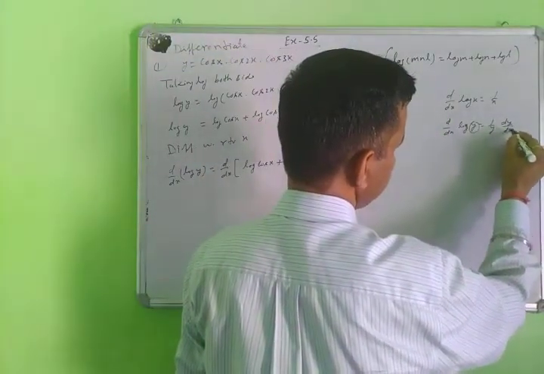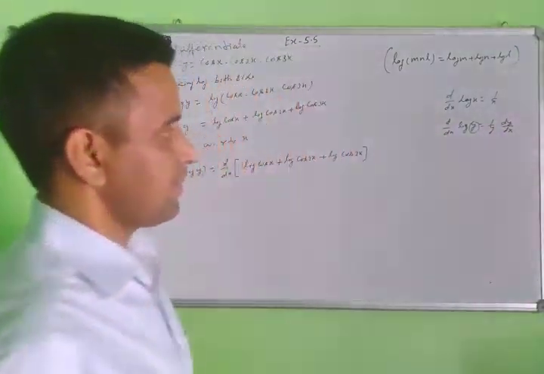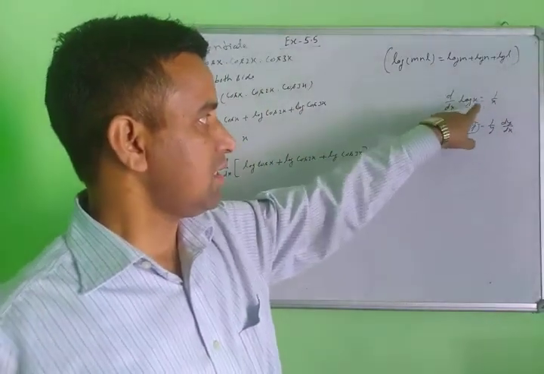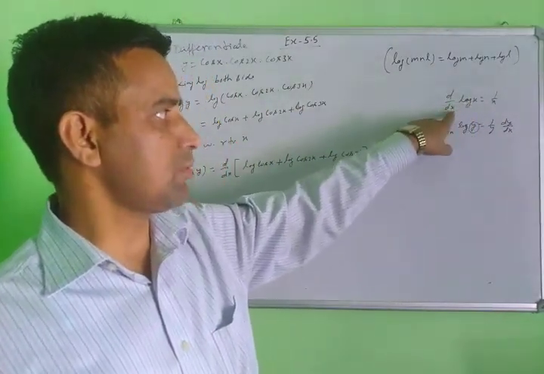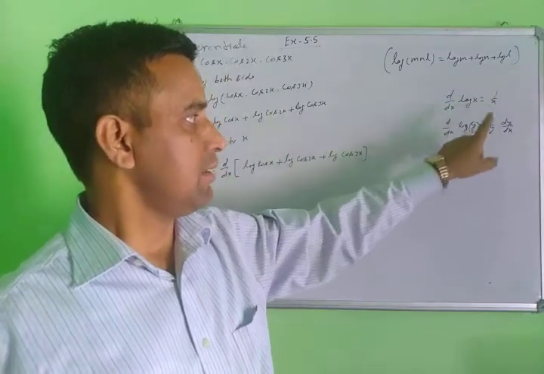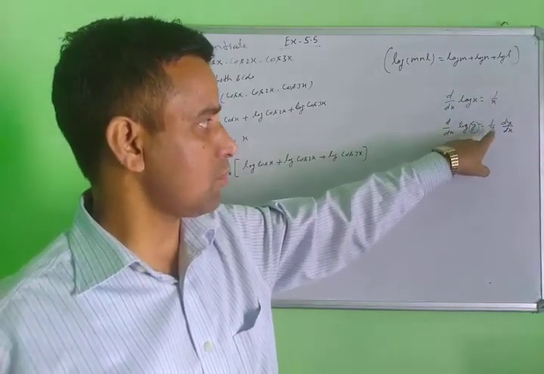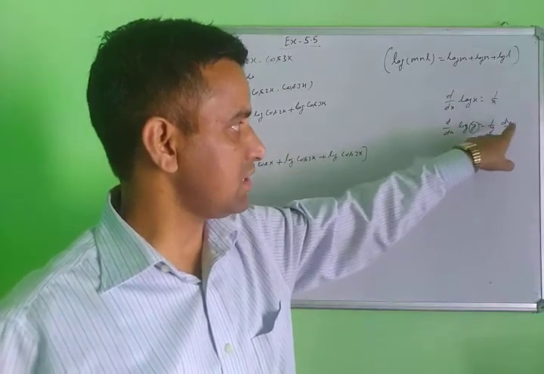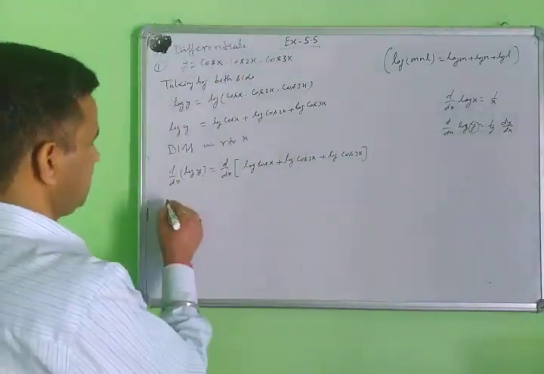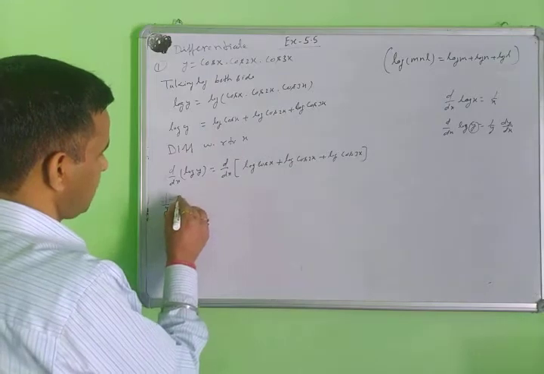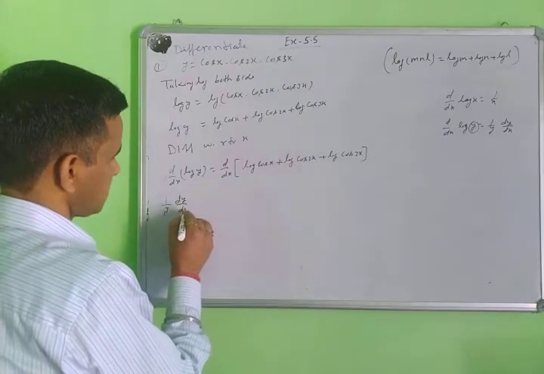First, differentiation of x with respect to x is simply 1 upon x. But differentiation of y with respect to x gives 1 upon y, and again dy over dx. So we have 1 upon y dy over dx.